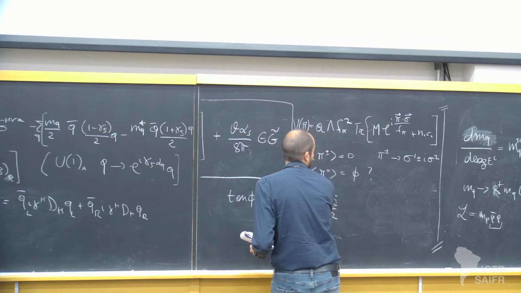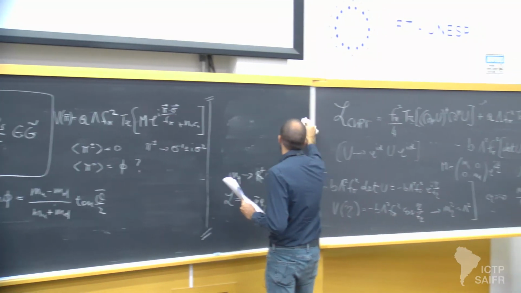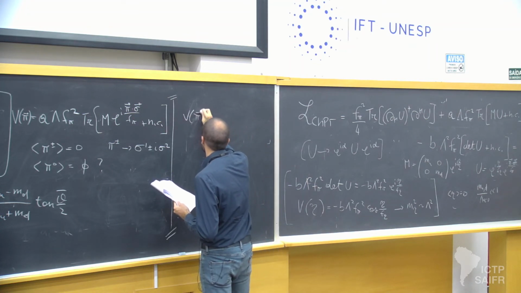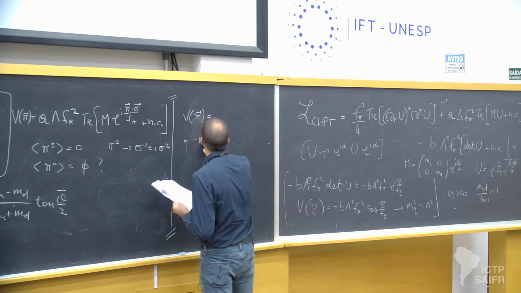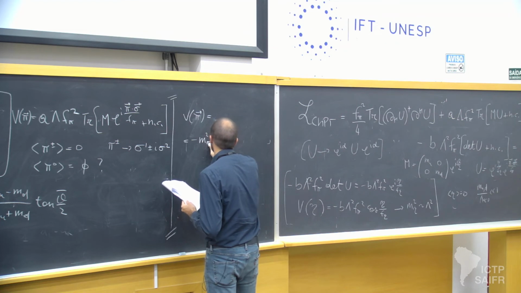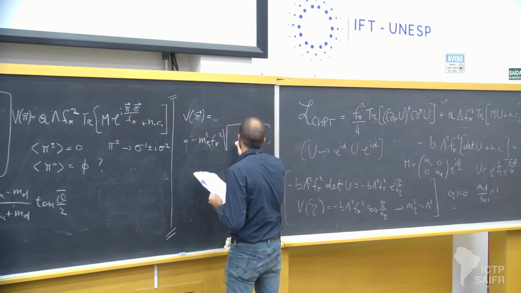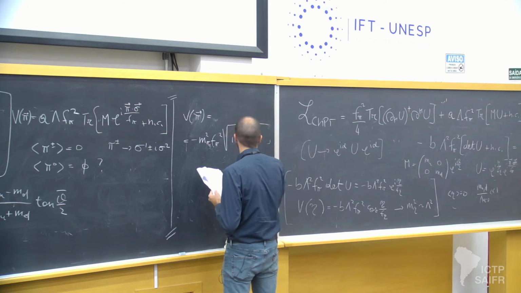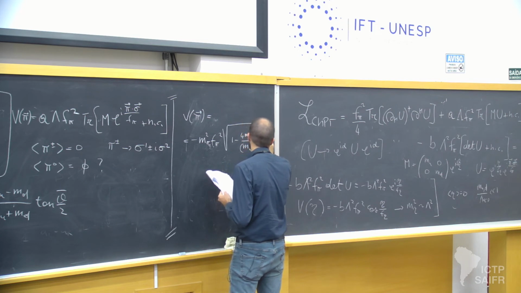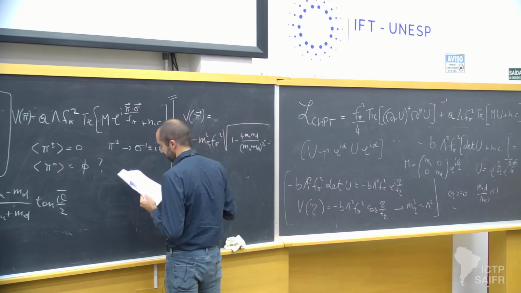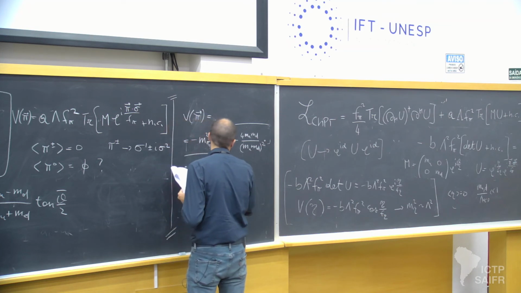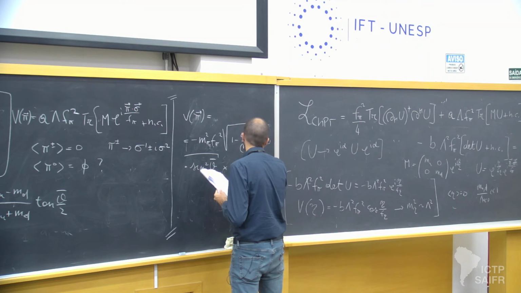And that if you expand the potential around this VEV, you're going to get the following expression for the neutral pion.